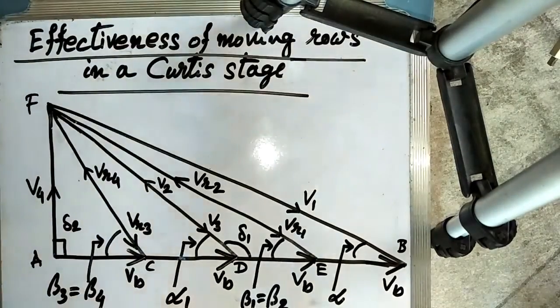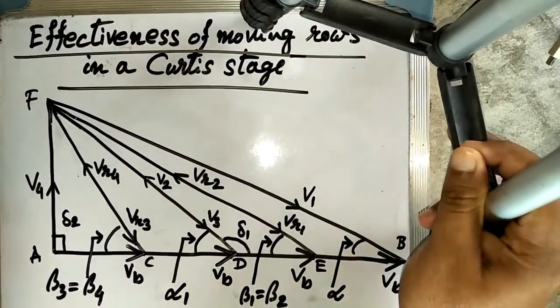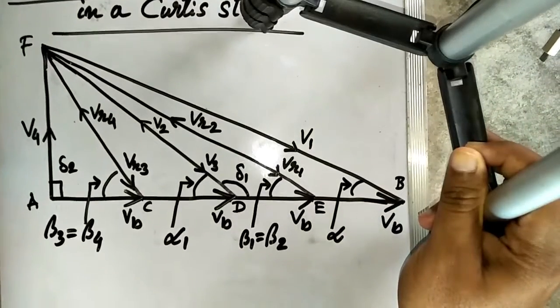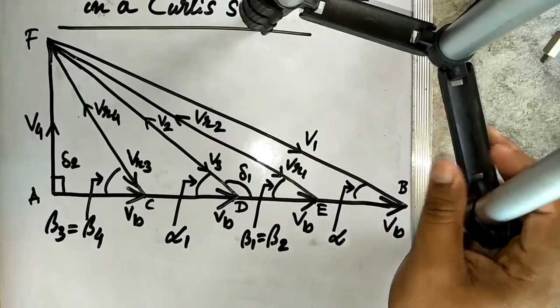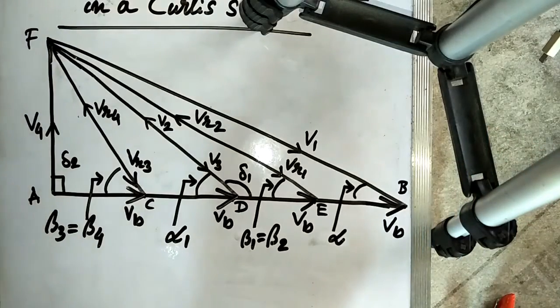So let's talk about the effectiveness of moving rows in Curtis staging. First let us consider the two-row Curtis stage, and let us assume for simplicity symmetrical blading, as you can see in this figure. This is a two-row Curtis stage.